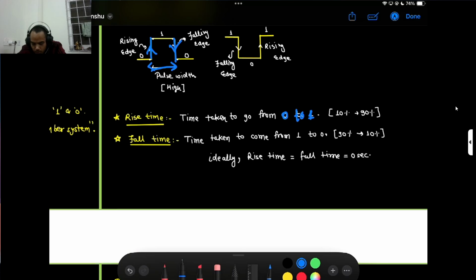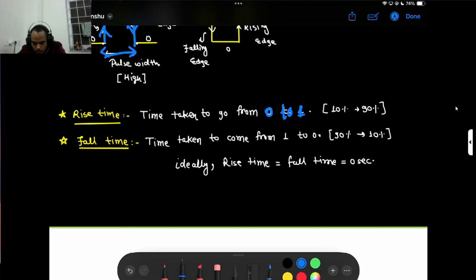Fall time is the time taken to come from 1 to 0, measured from 90% to 10% of the signal when it falls. Ideally, rise time equals fall time equals 0 seconds, where the slope is infinite.